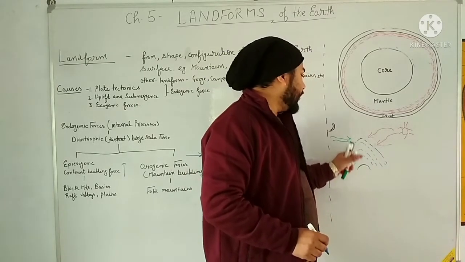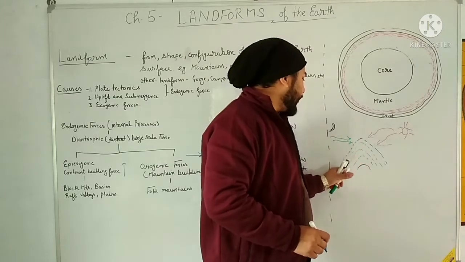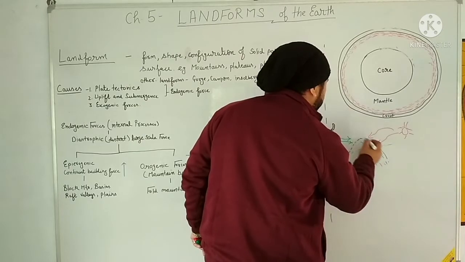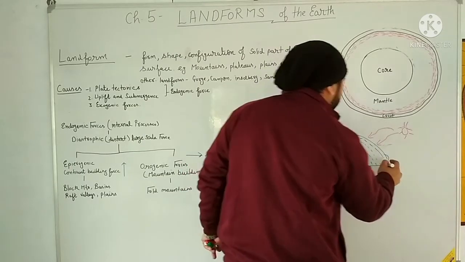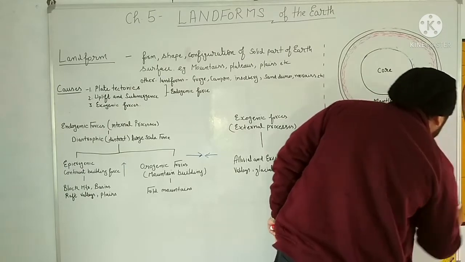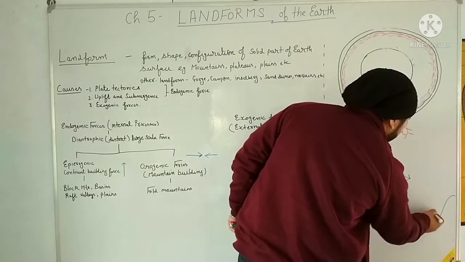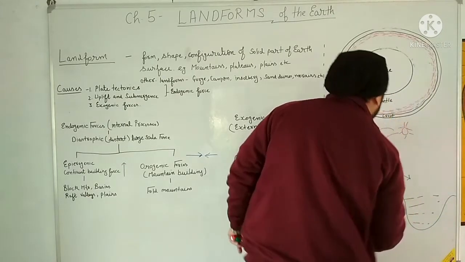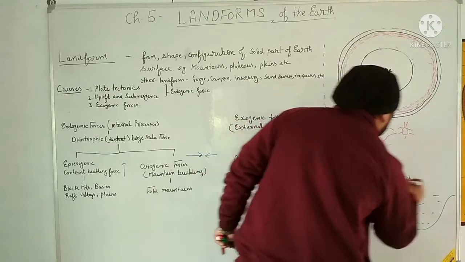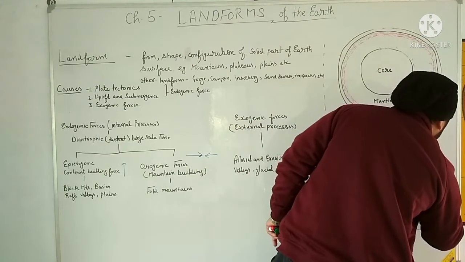Because of erosion it gets completely eroded, and this entire material which was eroded was deposited somewhere in some depression. So here erosion is taking place, and here deposition is taking place.